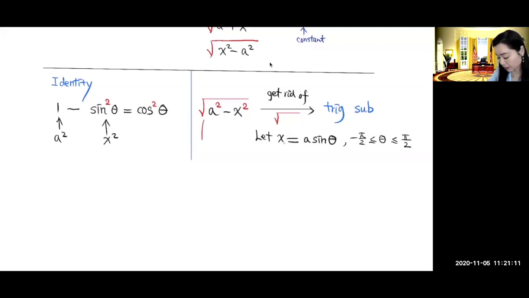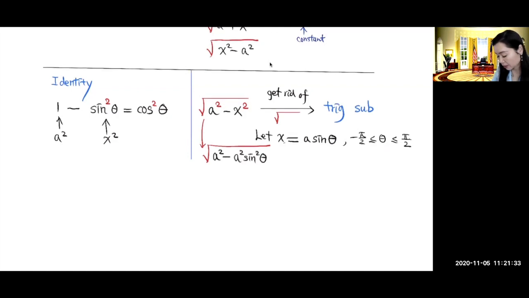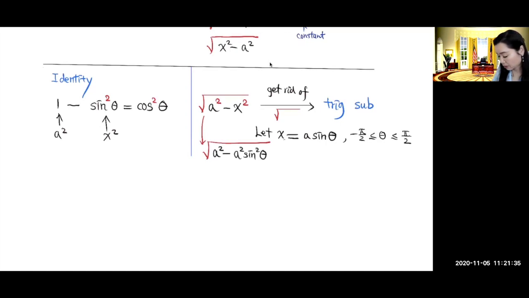This is going to become the square root of a squared minus the x, which is a times sine theta, so a squared sine squared theta. Well, we could take out this common factor, a squared, right?